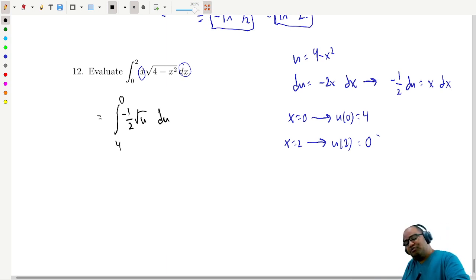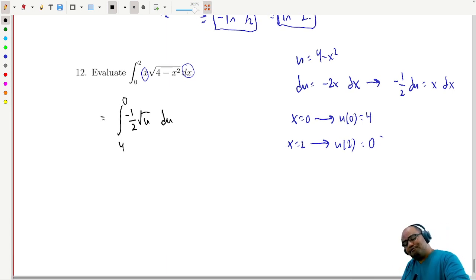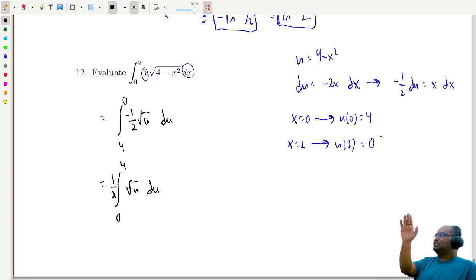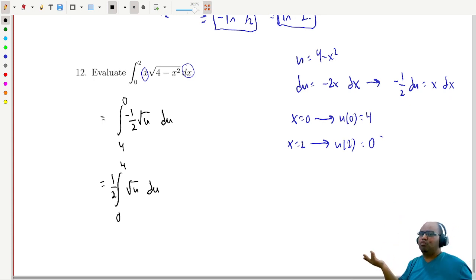In fact, let's just go ahead and do that. We don't have to, but we can if it makes us feel better. So we're going to have the integral from 0 to 4. I'll just push the 1/2 out of there, square root of u du. That minus sign comes outside as well. And then to flip the limits of integration back into a natural order, I multiply by another minus. Minus times minus is plus.